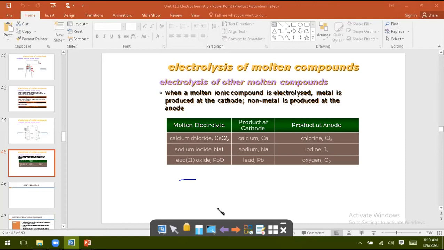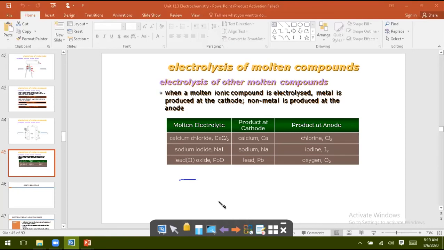With two ions, the cation will go to the cathode and the anion will go to the anode. The cation, which is usually the metal ion, will move to the cathode and form the metal. And the anion, which is usually the non-metal, will move to the anode and form the non-metal part of that salt.